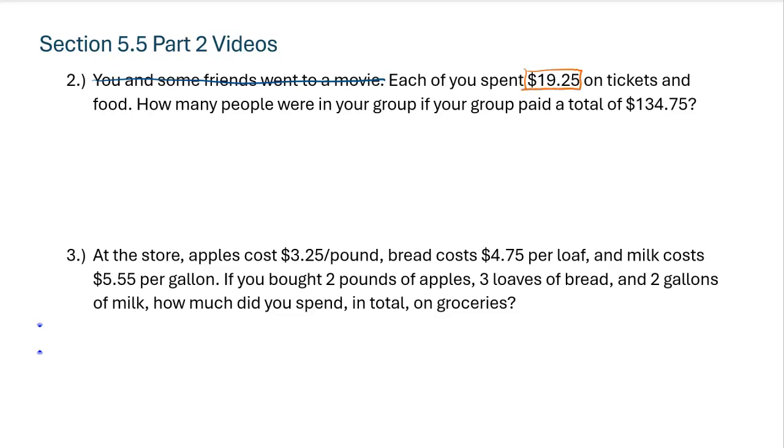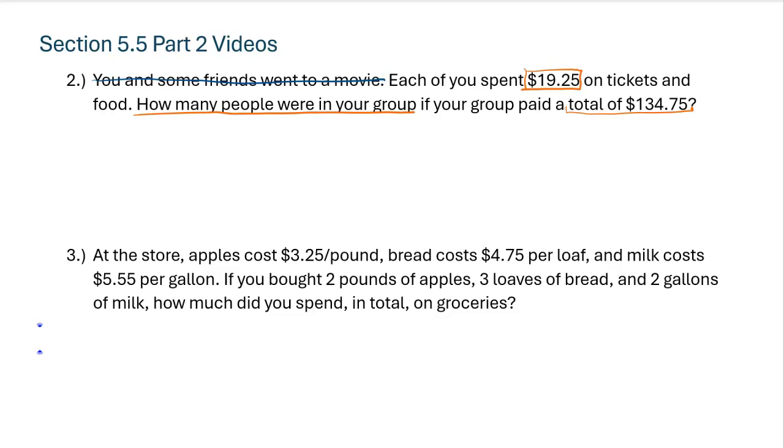Each person spent that amount of money on tickets and food. How many people were in your group? That is the question that I'm trying to answer. And then here it says that the group spent a total of $134.75.